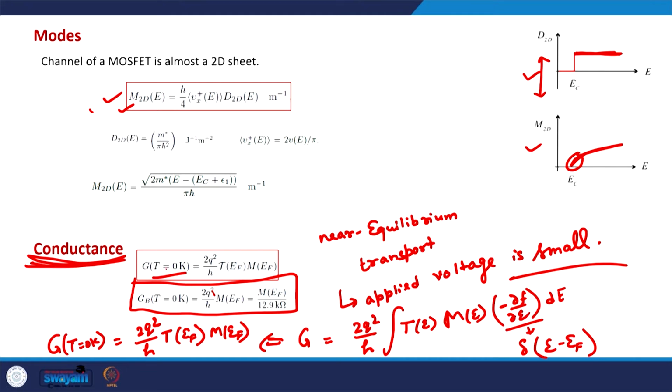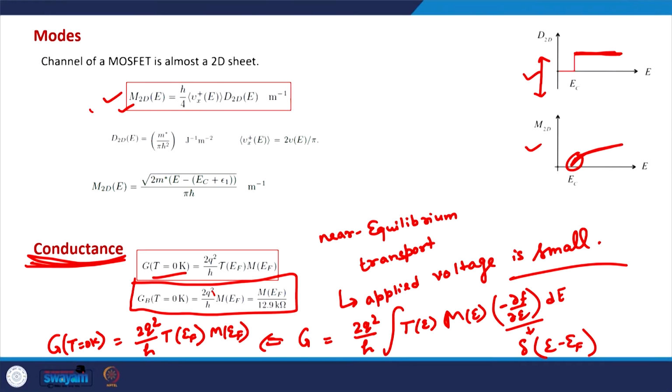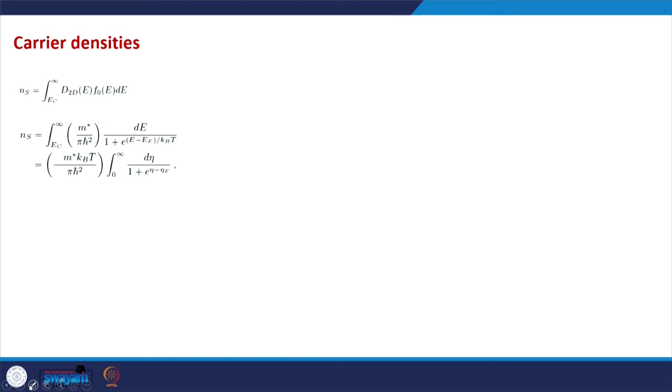When the temperature is not 0 Kelvin, at room temperature in practical situations, the integral in the current expression is converted to the Fermi-Dirac integral. So, I hope this idea of number of modes and the idea of conductance is clear.